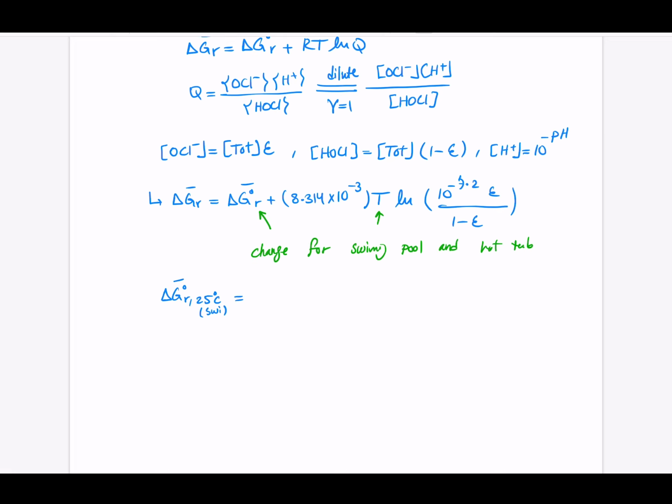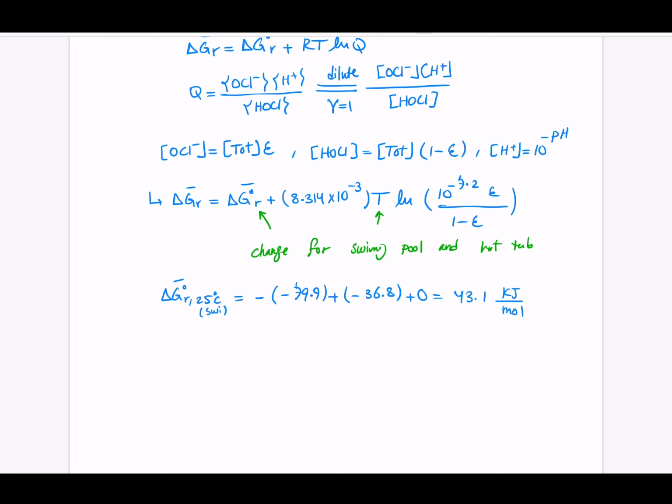We can directly use the values that are given because those values are for 25. So we can do minus 79.9 plus minus 36.8 plus 0. This was 43.1 kilojoule per mole.